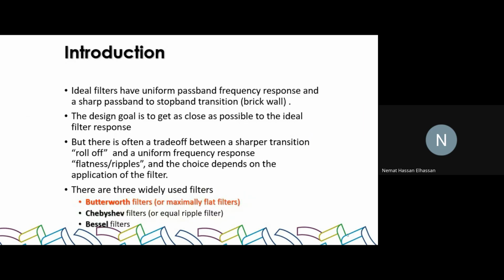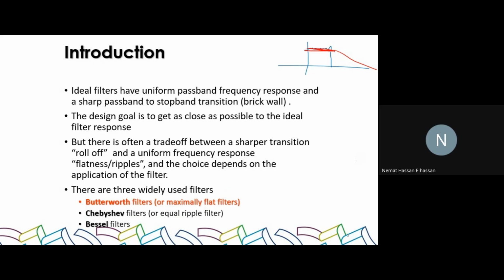Now, mainly, we said that there is a trade-off. When you want the filter to have a better transition from pass band to stop band, so usually when you want the filter to become a little bit sharper here, this will result in a little bit of fluctuation there. If you want it to be a little bit more steady here, stable, no fluctuation, a straight line, it will take longer to transit.